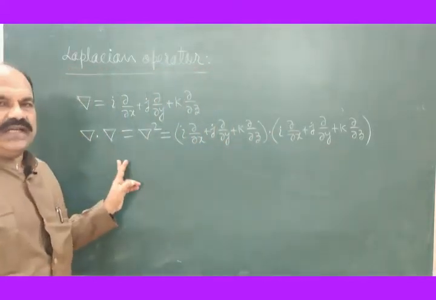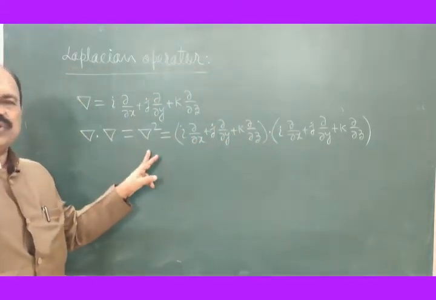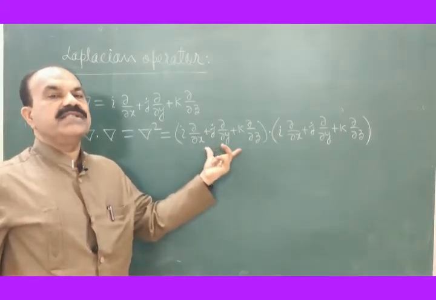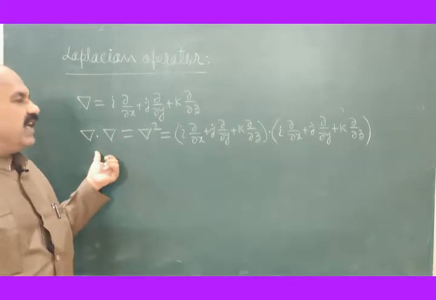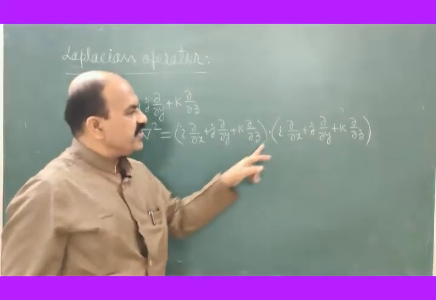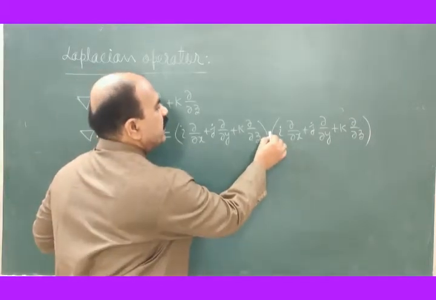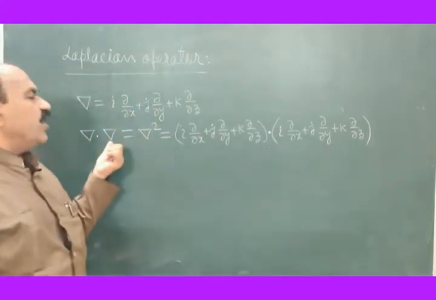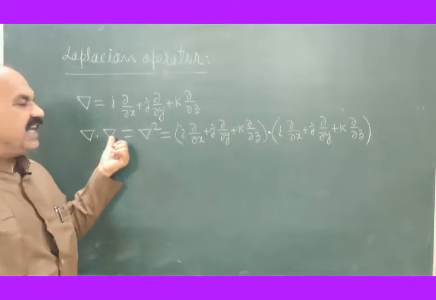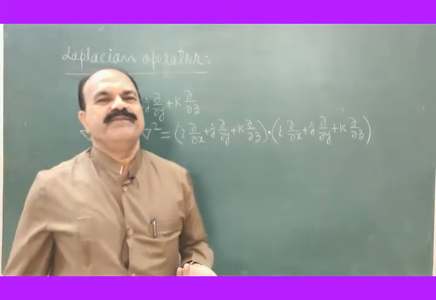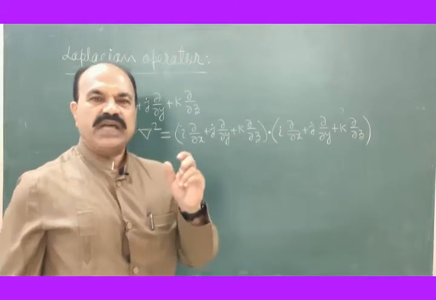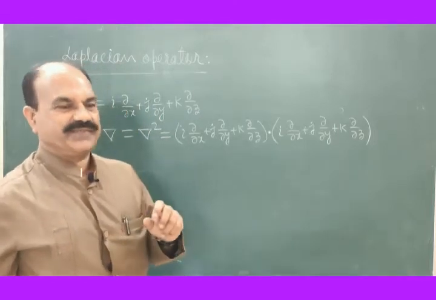Del dot del is equal to del square is equal to, in the first bracket value of this del is here, remember it is a dot product. In the second bracket value of this del and this del is same. We are taking dot product of 2 nablas, 2 dels.